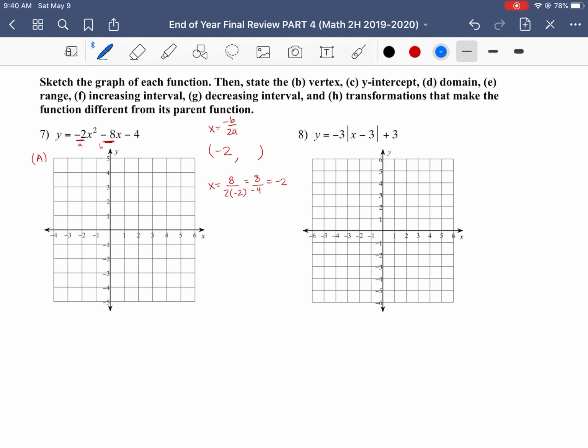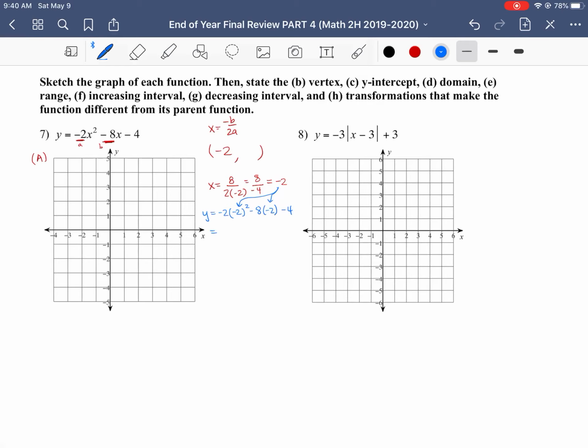Then how do we find the y? Well, we plug it back in. We say, what is y equal to if we were to put the negative 2 in for x? So we've got negative 2, and we put it in right there every time we see an x value. Then we've got minus 8 times x, and again, we're going to put in the negative 2 for x, minus 4.